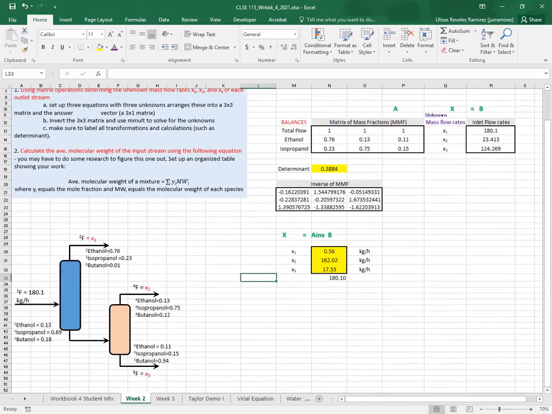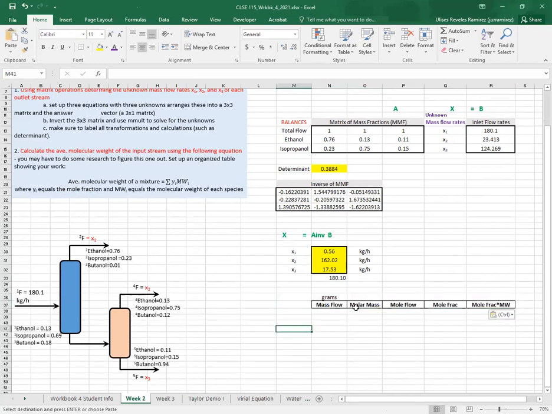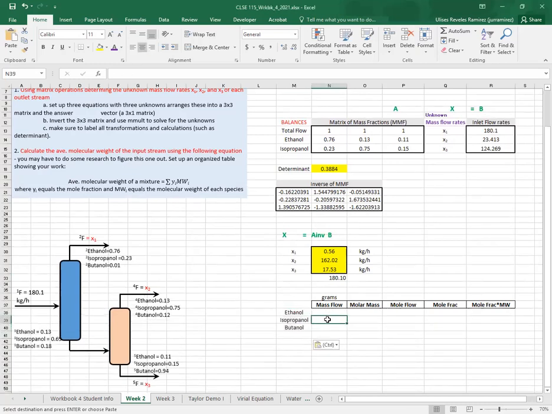Okay, let's make a table here. So my table is going to be grams, molar mass, mole flow, mole fraction, and I'm going to find the average molecular weight. Okay, so let's see. We know we have the three alcohols at the entrance. And the mass flow is whatever I'm getting from the beginning, right?